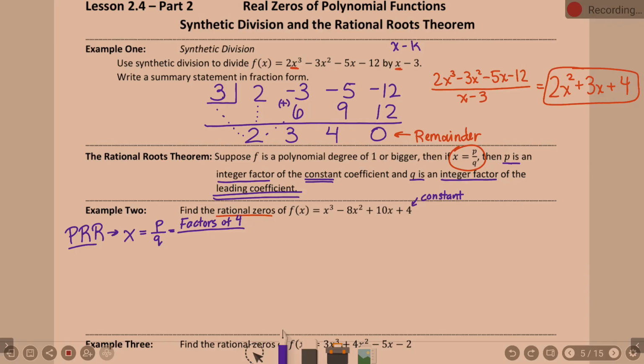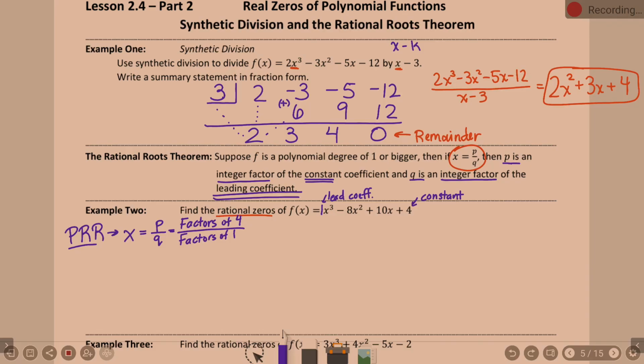What is my leading coefficient? 1, the invisible 1 here. So we're going to be dividing by factors of 1. Is this looking at all familiar to those of you that are back again? Yeah, it should be.